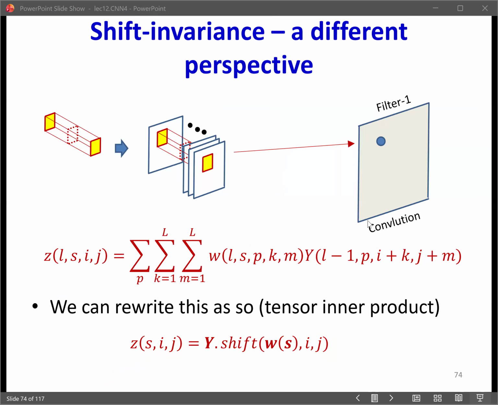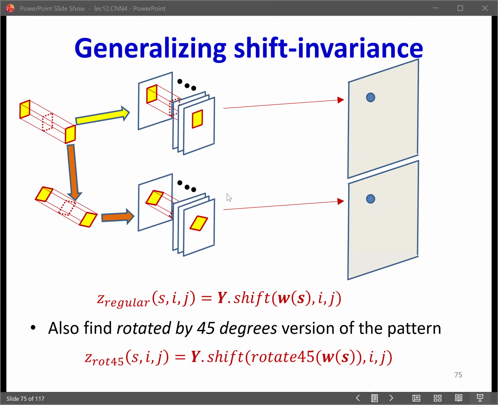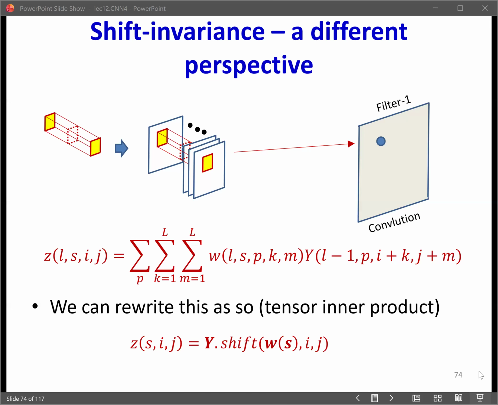So I can think of shift invariance from a different perspective. I can say that when I'm scanning with a filter, I'm actually computing with two filters. One is the original filter, and the other is a shifted version of the same filter.